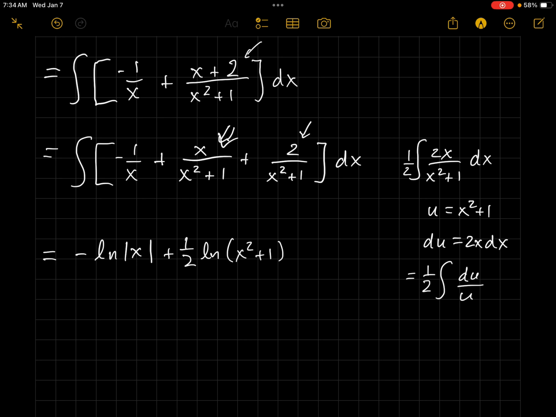I don't need absolute values because x squared plus 1 is always positive. And now I can look at this last piece. This is one I just have to know. It's arctan of x. In fact, it's 2 times arctan of x. And I'll slip in the constant of integration, c.